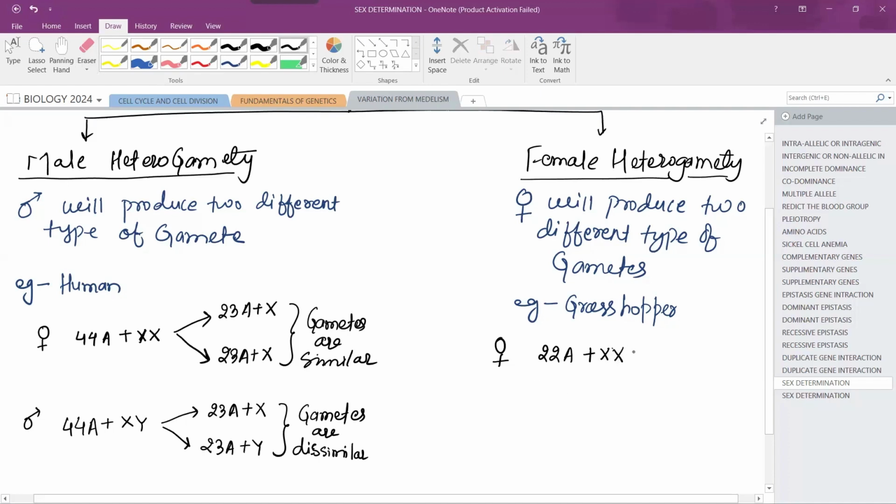This is the case of female, and this will produce gametes with 11A plus X.